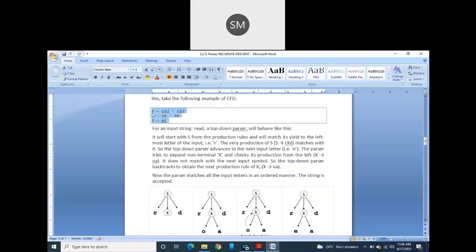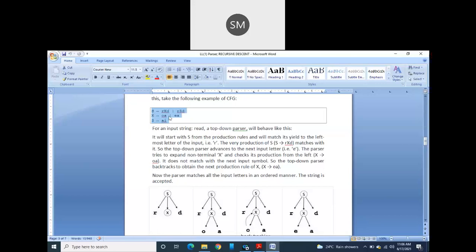Always remember, start symbols we usually represent with capital letter S. When to use capital letters and when to use small letters, I will tell you now. Most of the time we represent the start symbol with capital S. That is the non-terminal, the head of the first production in my grammar.